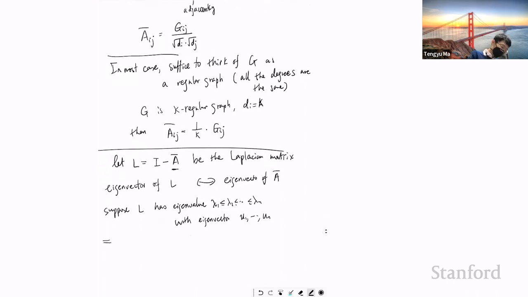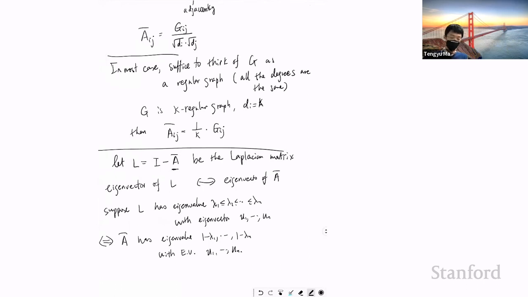Then this is equivalent to A bar having eigenvalues 1 minus lambda 1 up to 1 minus lambda n, sorted in decreasing order, with the same eigenvectors.